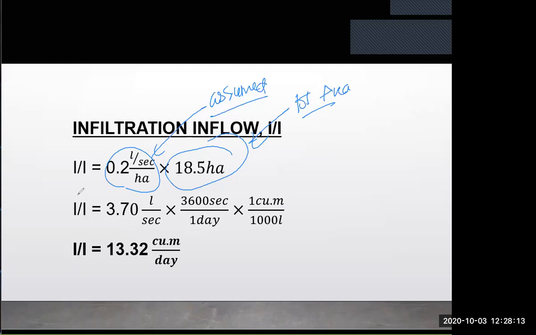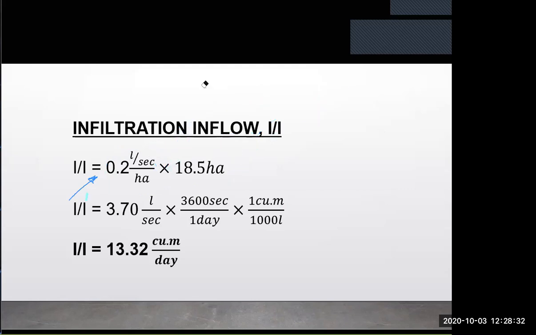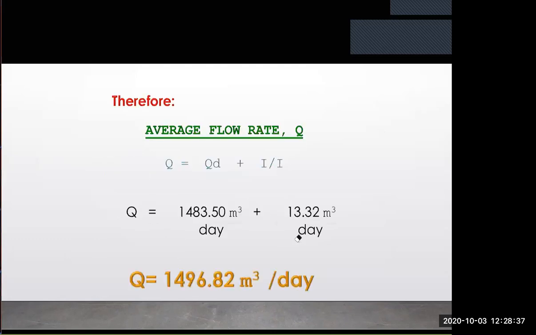That's why I need to give you the book later on, because this is where you will base your infiltration flow and other parameters. But ito lang naman ang kailangan kunin sa book, the infiltration inflow, okay? And then you can add that one once converted to cubic meters per day, that is 13.32.